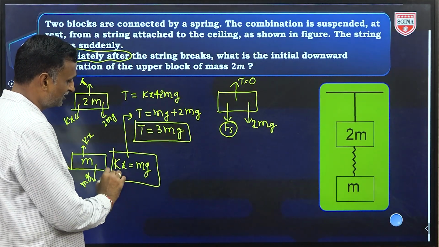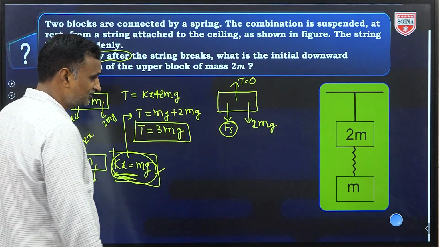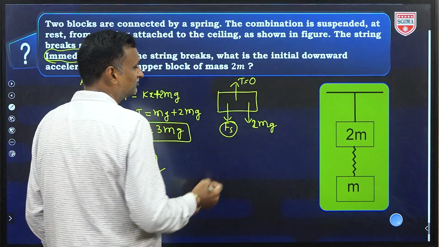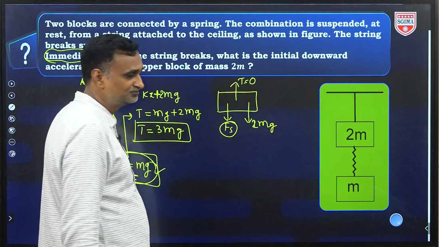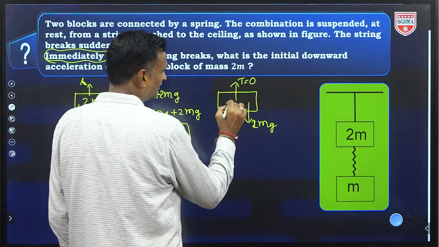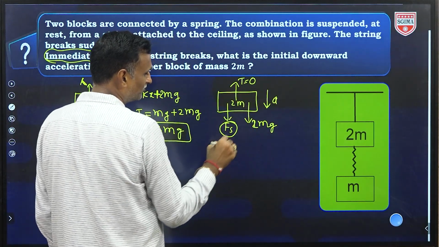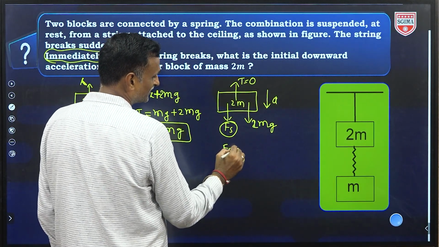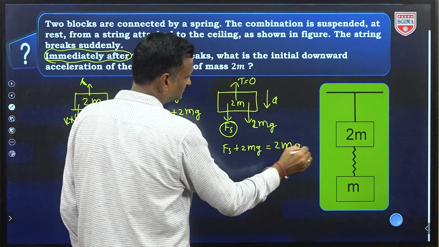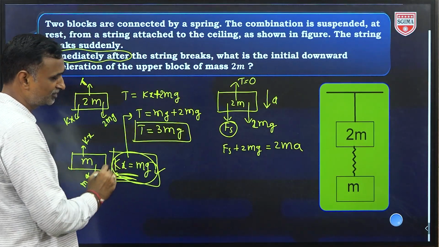Now we can check here, Kx equal to how much we have earlier? Mg. The same force is going to act here, Fs value as mg, but upward force is what? 0. Then total force acting on the 2m block is downward. So here it is 2m mass, so it accelerates downward. So downward net force Fs plus 2mg equal to 2ma. Now Fs value how much we got in the earlier case?